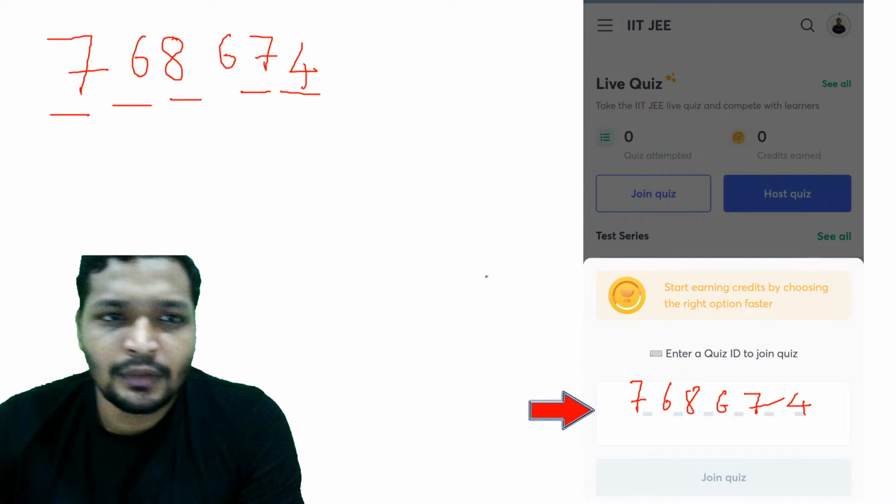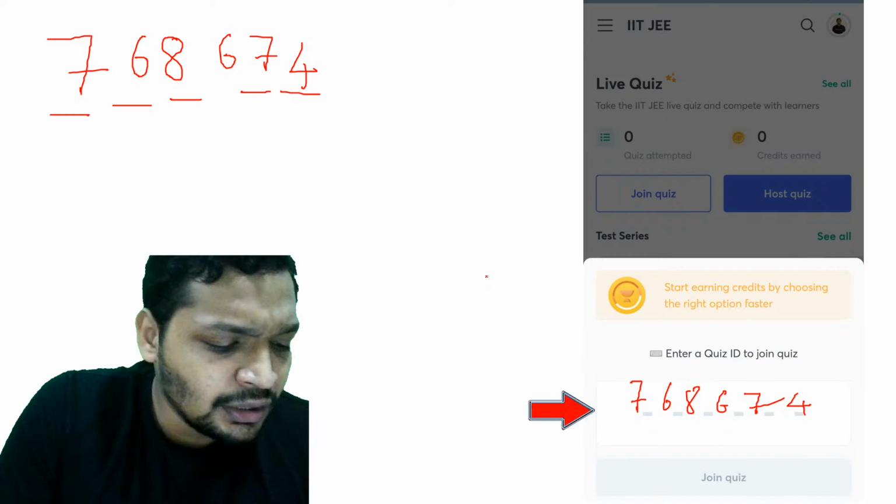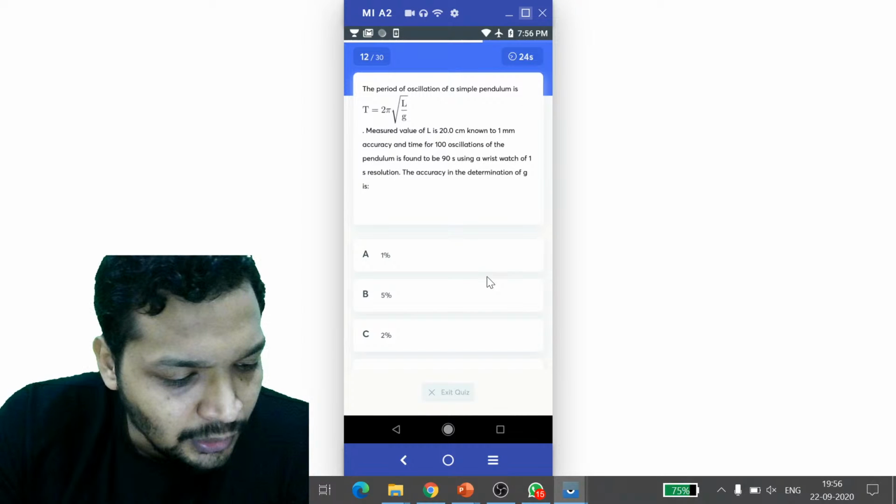All right, the period of oscillation of a simple pendulum is T equal to 2π root L by g. A very popularly asked question. The measured value of L is known to 1 mm, and guys, we have done this problem, I believe. So delta g by g is equal to 2 into delta T by T. How much is delta T by T? 1 by 90.